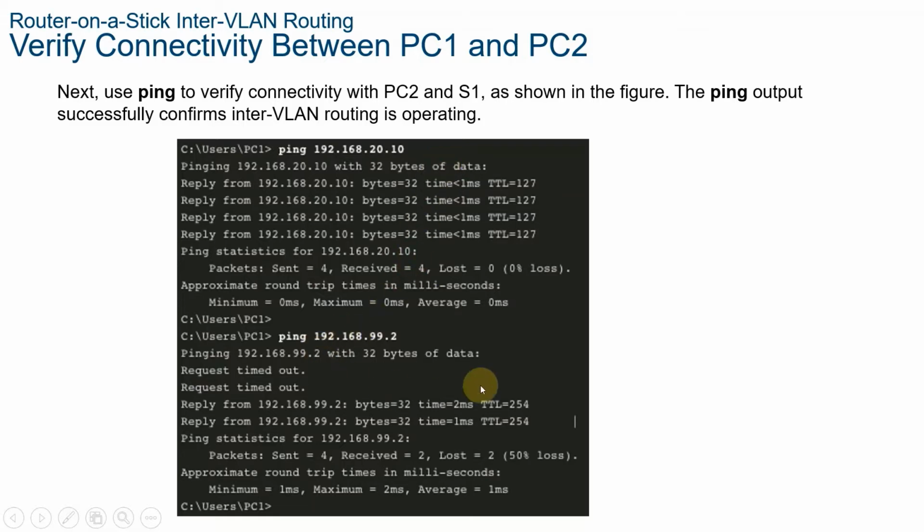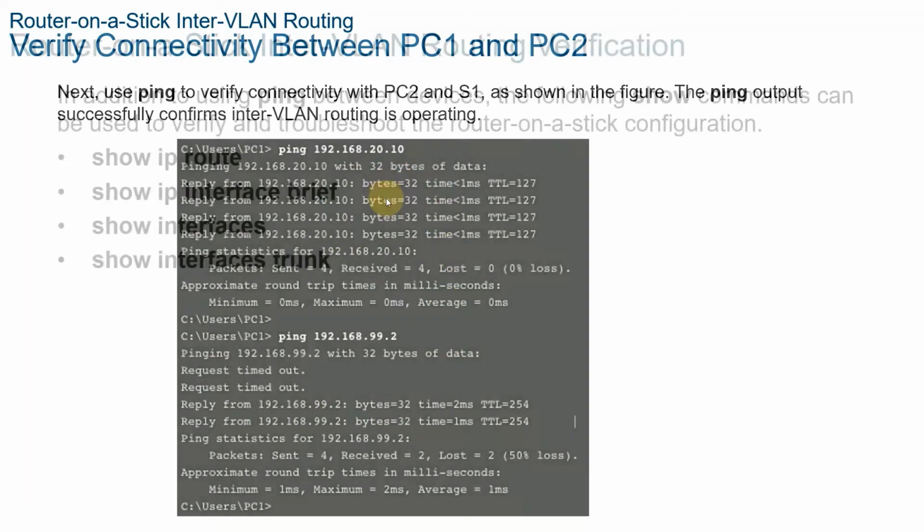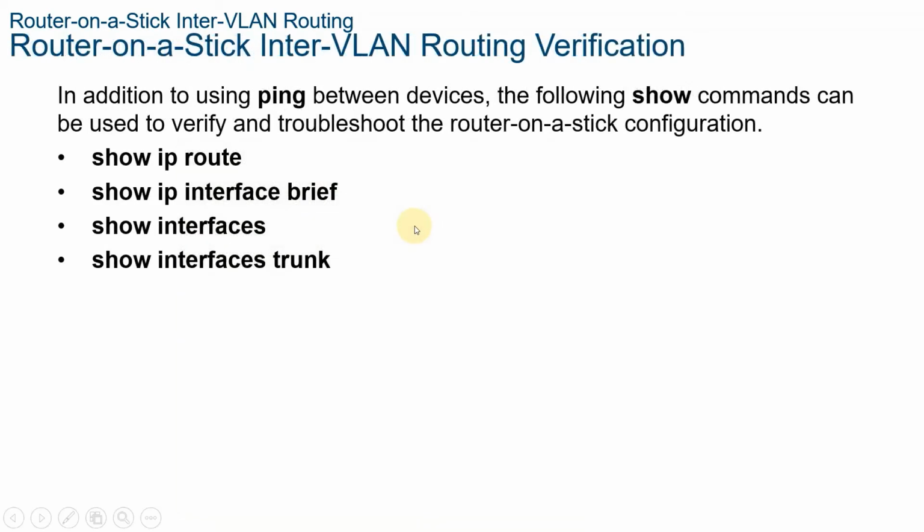The output here confirms the IPv4 address and default gateway of PC1, and it should be able to ping. Router on a stick inter-VLAN routing verification: in addition to using ping between devices, use ipconfig first before you do the ping.